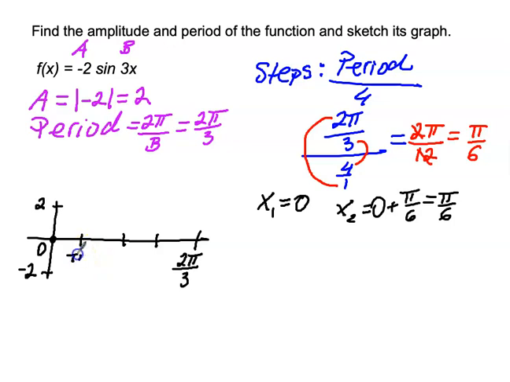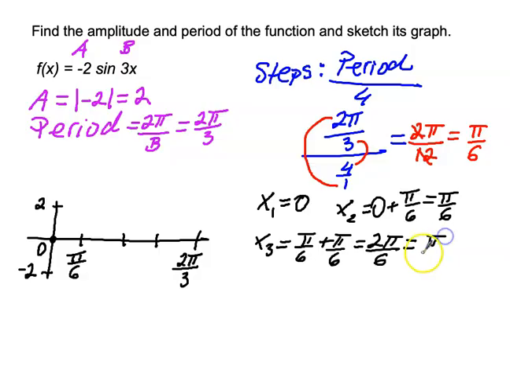So we're adding pi over 6, and each time we add pi over 6. So x3 is going to be pi over 6 plus pi over 6. That's 2 pi over 6, which is pi over 3. So this is going to be pi over 3.